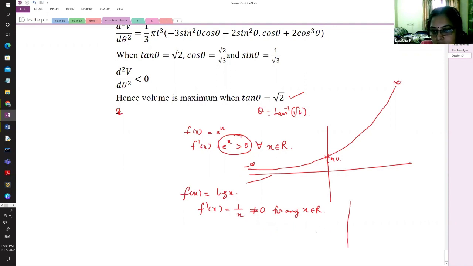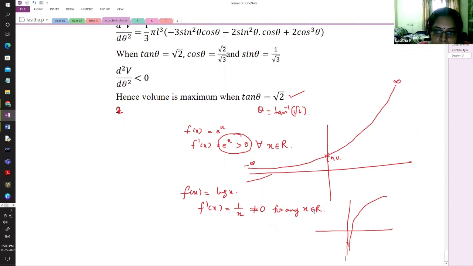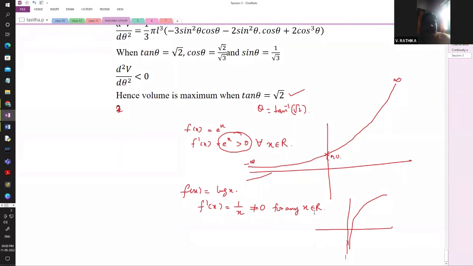The graph can also be explained to them immediately. Always bring the graph to mind. So there is no maxima or minima for the log x graph also. Even when there are no real roots, we will not have a maximum or minimum.